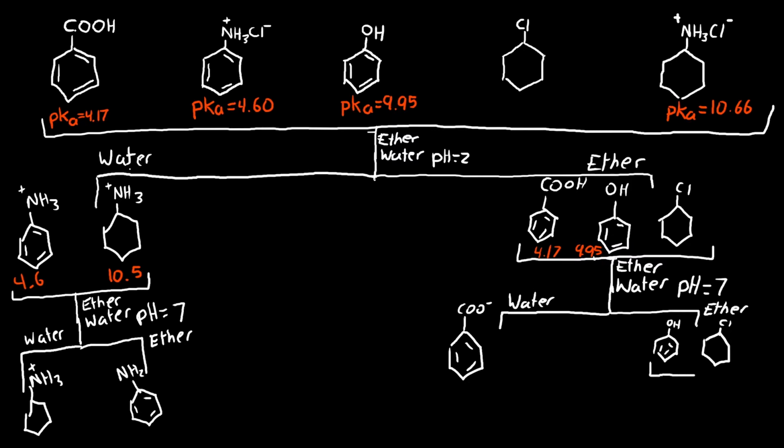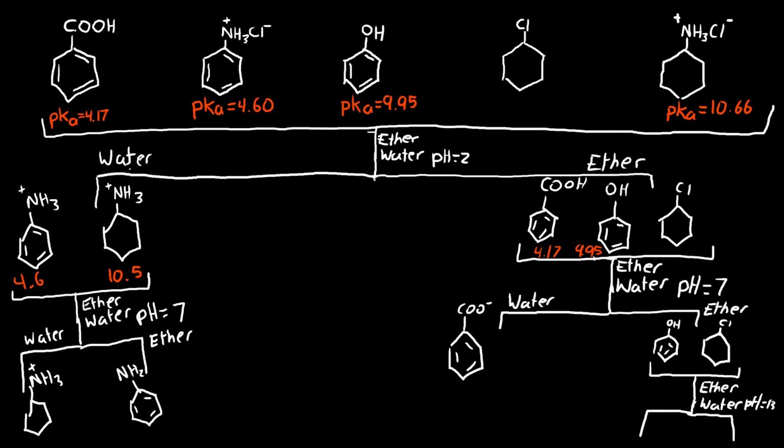Now we have these two together, and we're going to add more ether and water. To separate them, we can only make the OH group polar by making the water really basic. So if we make the pH of water 13 or higher, 14, 15, it's going to make the OH group donate the hydrogen.